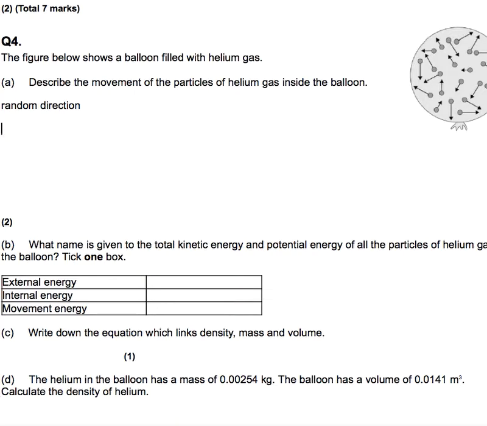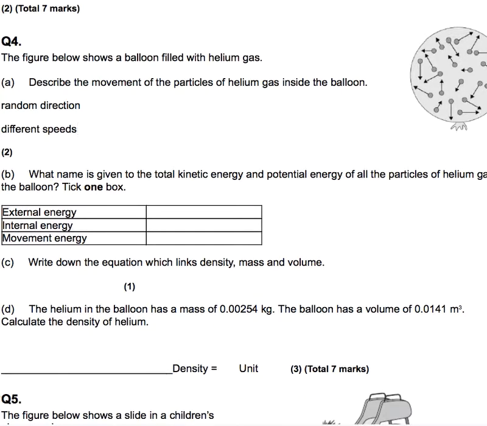And we know that because the temperature of the gas is a measure of the average kinetic energy, which means some are faster than others. So they have different speeds. So, successfully negotiated that question. 2 marks, 2 points.